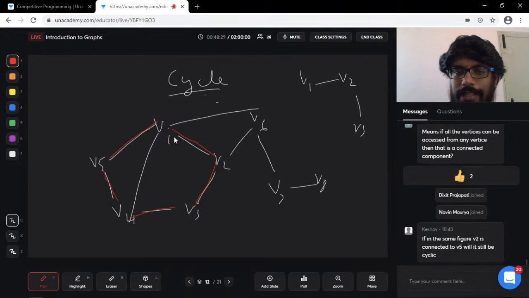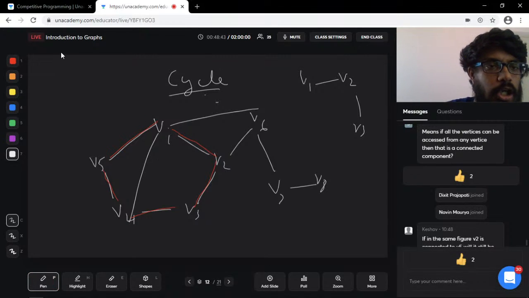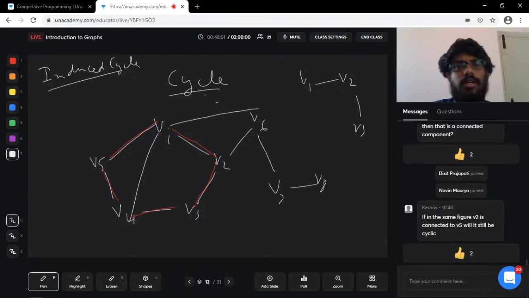Yeah, Keshav, I think that's exactly what I've said. Even if V2 and V5 or V1 and V4 are connected, this is still a cycle. So the term you are looking for is an induced cycle. The question you asked is basically the definition of this.